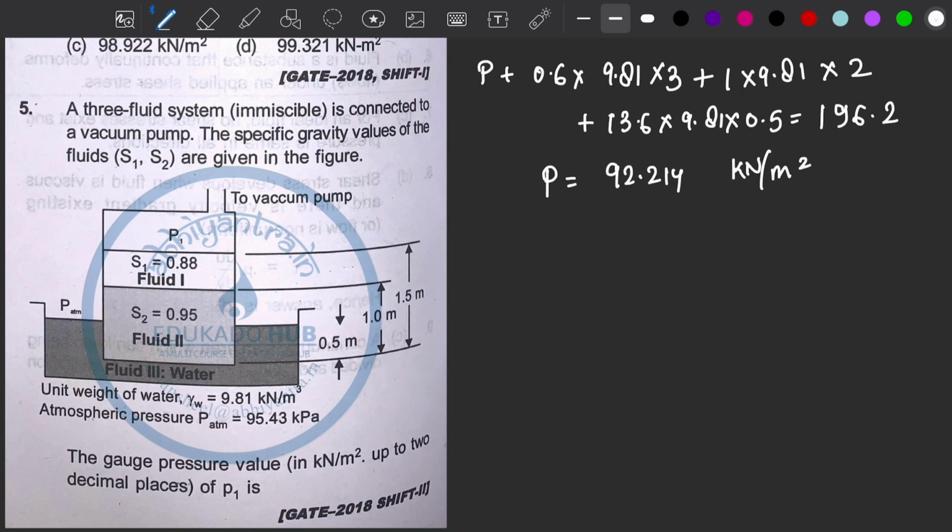Let's calculate. So the pressure at the bottom of this fluid number 2 is equivalent to atmospheric pressure plus the water pressure, since this is water, right?